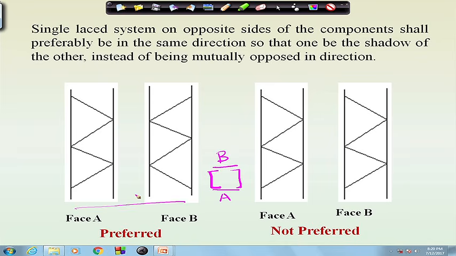That means one should be the shadow of the other. If this is provided in this way, then the other in the other direction should be provided in this way. So, it should be the mirror image of that, right. Such types of orientation are not preferred. So, this is also mentioned in the code.